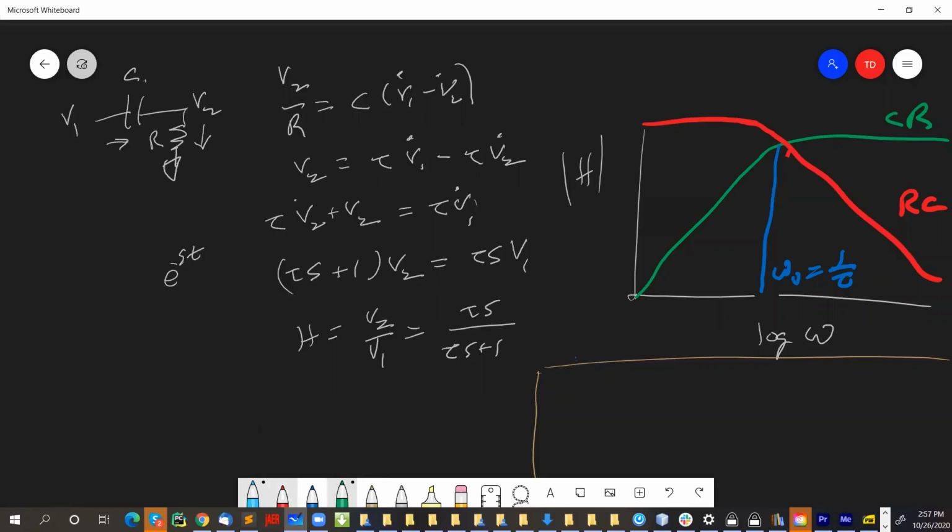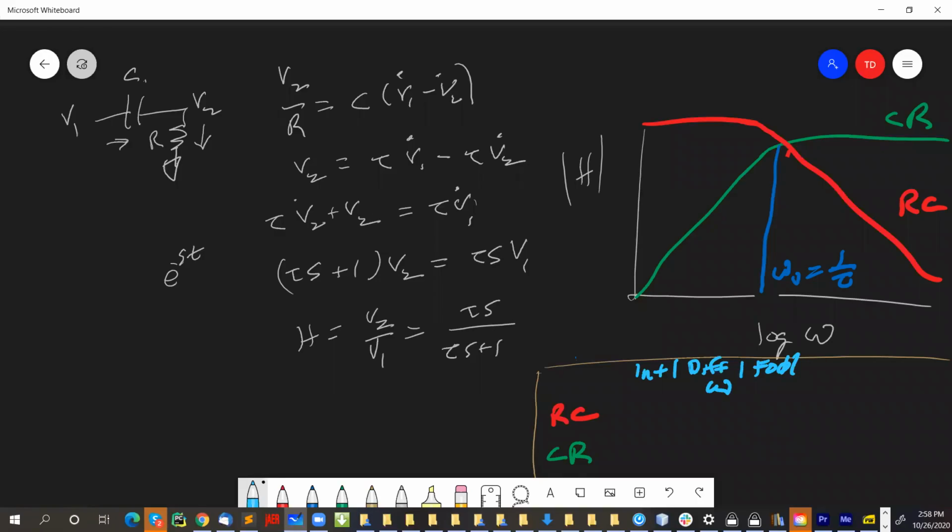RC is in red, and CR will be in green. And in this table, I'm going to put the fact of whether it's an integrator or a differentiator or a follower as a function of frequency, as a function of omega.